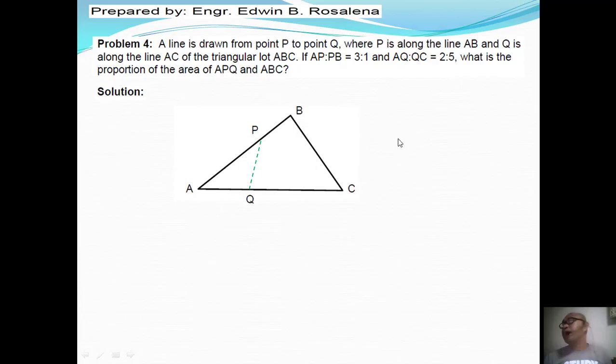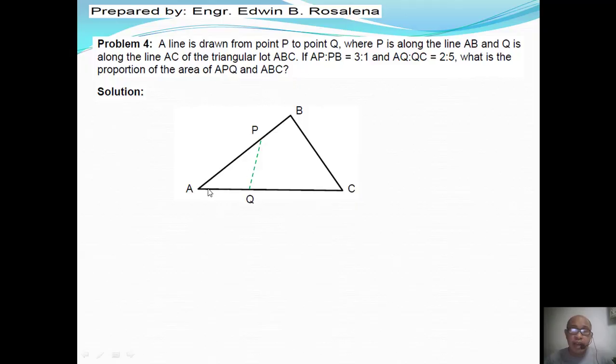So since we are given proportions, we do not know the actual length of the sides or of the measurements. But if we just take one unit for the proportion, for every ratio I will take one unit of each.